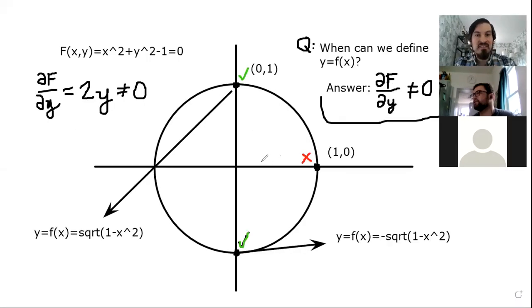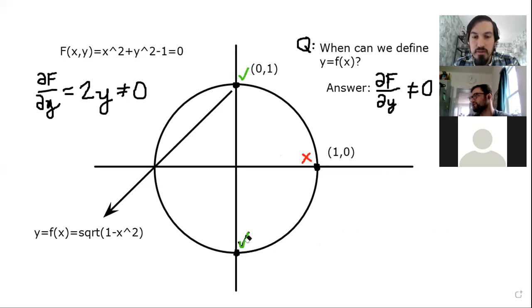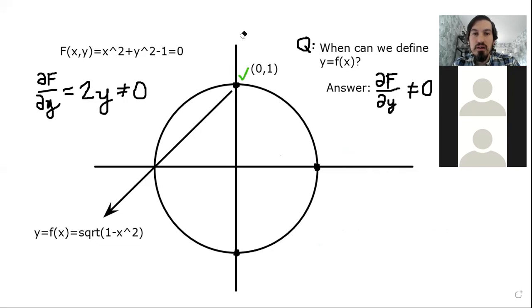So now, the initial question, I don't care about this point anymore. I care about this point, the green check. And I actually don't care about this point either. I will leave this df dy, but the new question, it's like a second question, and I'll just draw it here.